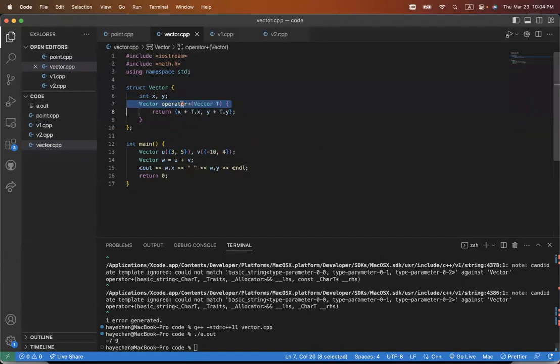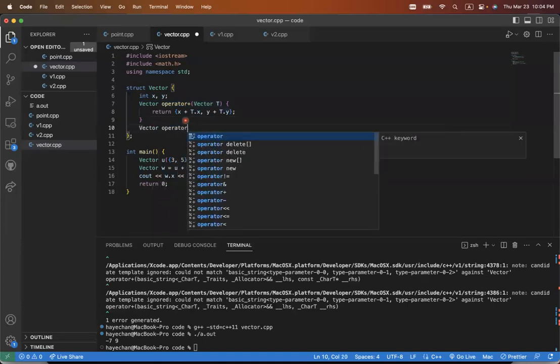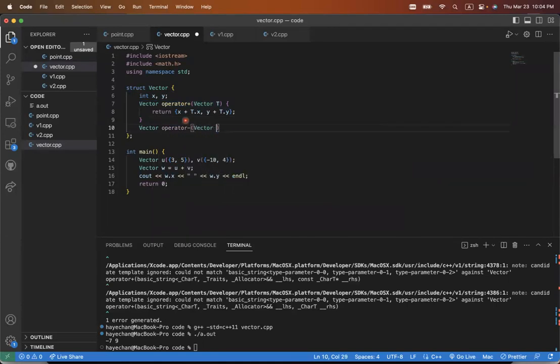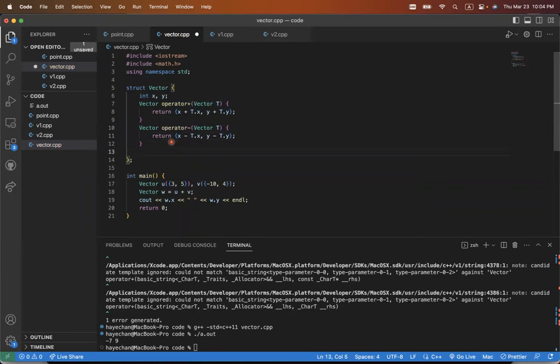Good. Now we're going to overload the minus operator too, because it's pretty commonly used. That is also going to be pretty simple. Other than that, we're going to do dot product.